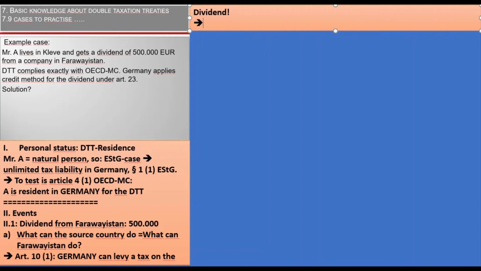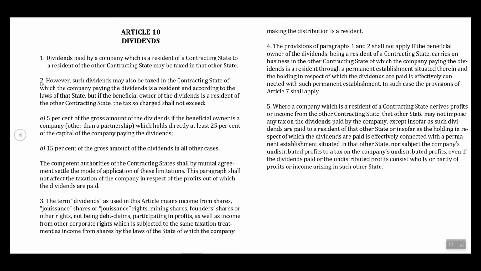Let's perhaps read the second paragraph of Article 10 still, and then find out. So look again here. However, such dividends may also be taxed in the contracting state of which the company paying the dividends is a resident. Let's translate directly. These dividends can also be taxed in the country where the company is, so can be taxed in Farawaystan. Good.